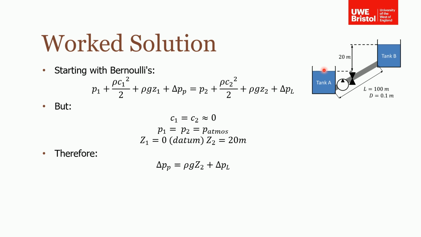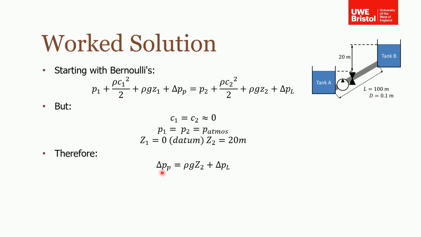Because we've chosen the surface points in each tank, the static pressure at these points is equal to atmospheric pressure, so P1 and P2 will cancel. C1 is equal to 0, so that term disappears, C2 is equal to 0 and disappears, and by taking the height of the water in tank A as our datum, we can set Z1 equal to 0, and Z2 to be 20 meters.